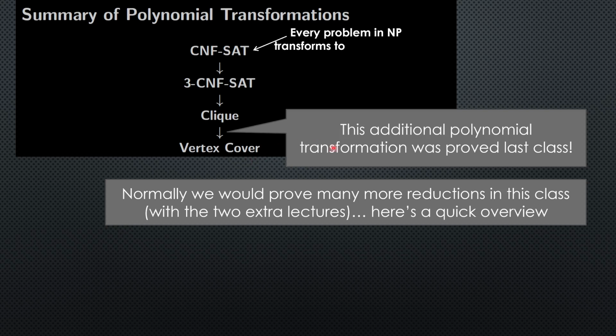By the way, a few times I trip over myself and say reductions when I mean to say transformations. I want to make the difference between a transformation and a reduction very clear. A transformation is a function that transforms the input of one problem to the input of another problem. A reduction actually solves one problem by using a solution to another problem as a black box.